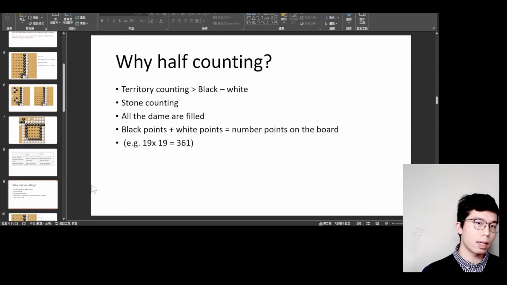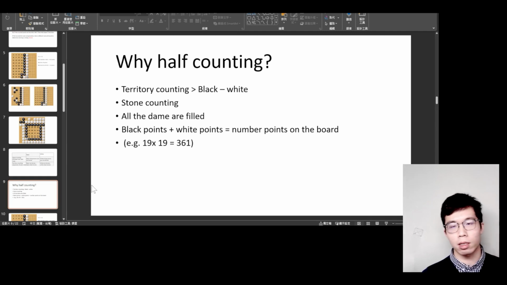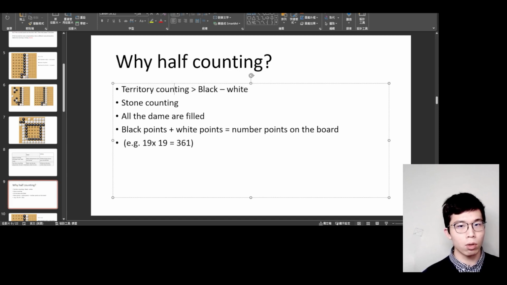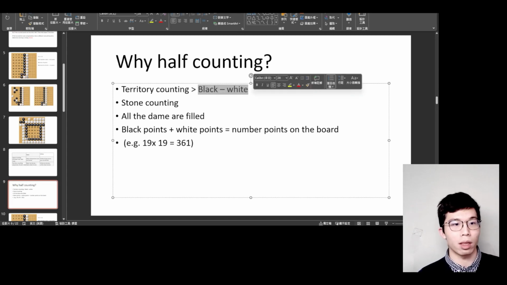But before that, let's explain why we only need to do a half counting in the Chinese rule. What does half counting mean? It means when we use the Chinese counting, we only count either the black or the white. This is different from the territory counting. When we do the territory counting, we need to count both black stones and white stones, and we need to deduct their difference.